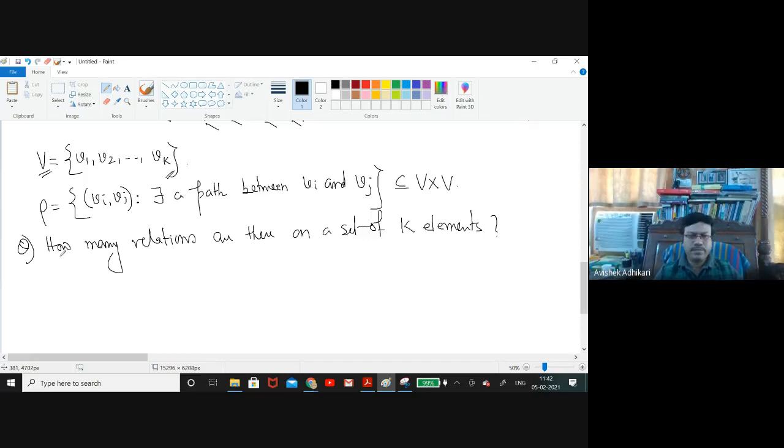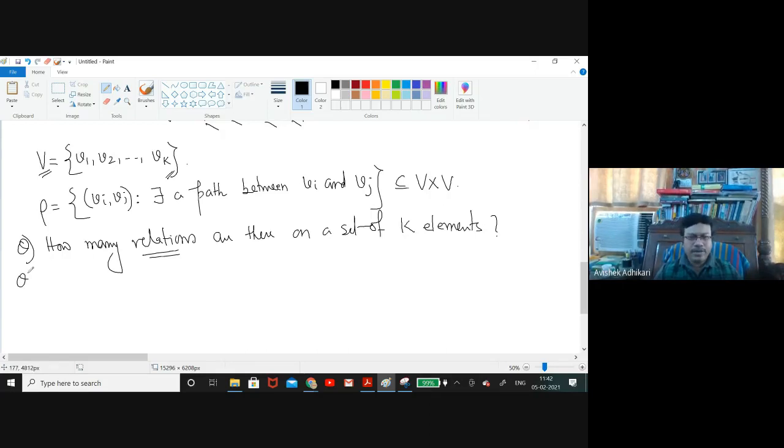Somebody, any idea? How many relations are there on a set of K elements?